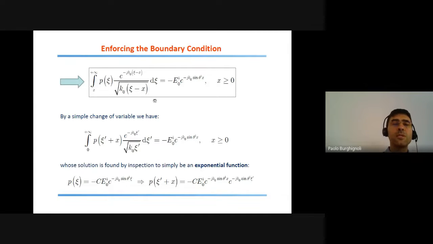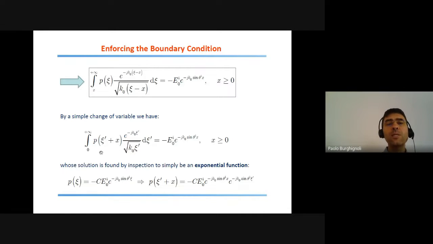Now, this integral equation can actually be solved in a very straightforward way with a few steps. In particular, you may change variable in the integral, so as to integrate from 0 to infinity. This involves writing x prime plus x in place of the old integration variable x.